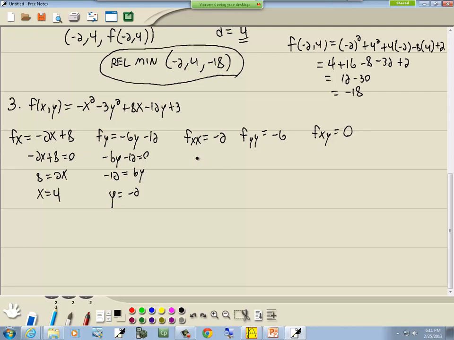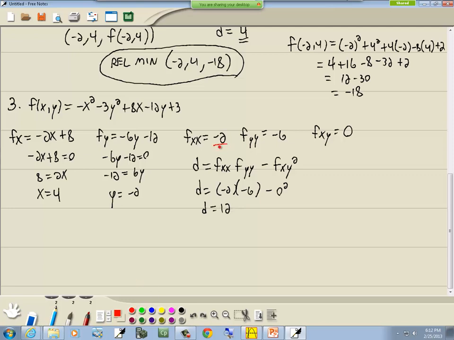Okay. Well, d is going to equal this right here. So we're going to take negative 2 times negative 6 minus 0 squared, which gives us 12.